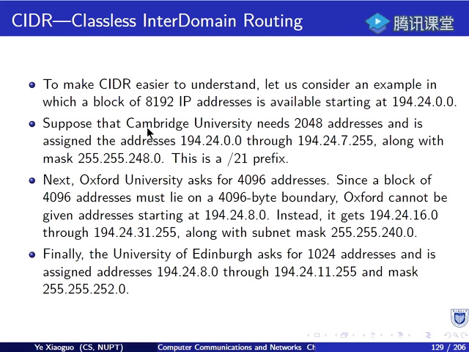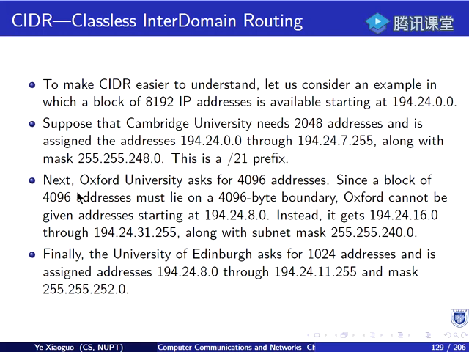Suppose that Cambridge University needs 2,000 addresses and is assigned the base address 194.24.0.0 through 194.24.7.255, along with the mask 255.255.248.0. This is a /21 prefix.